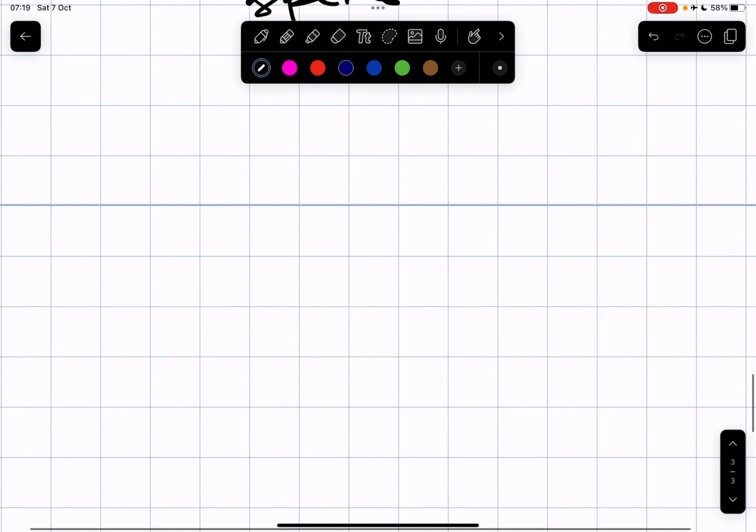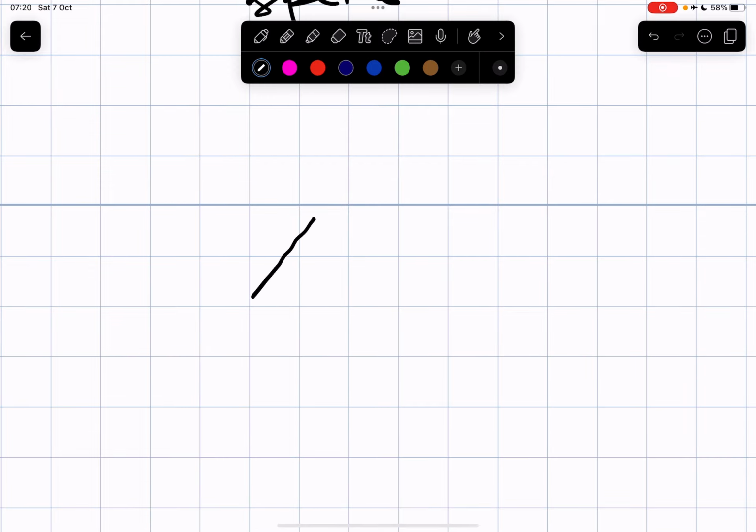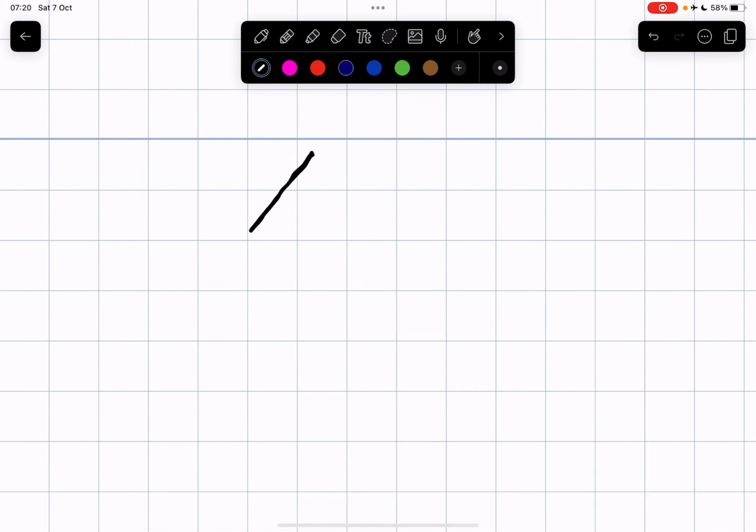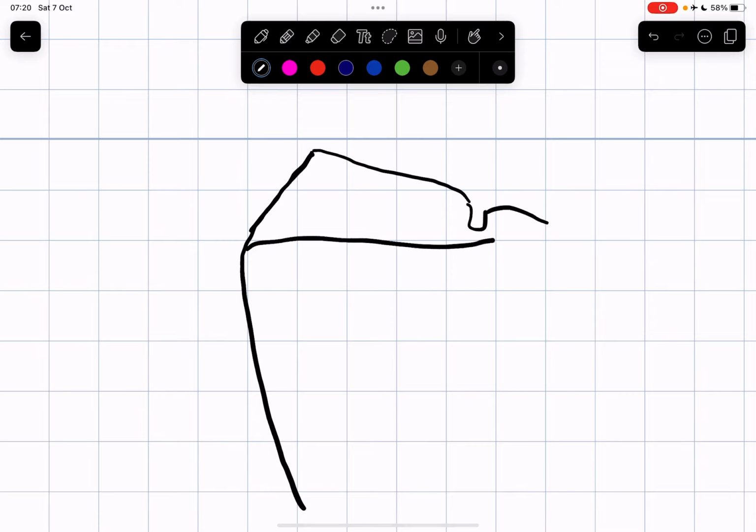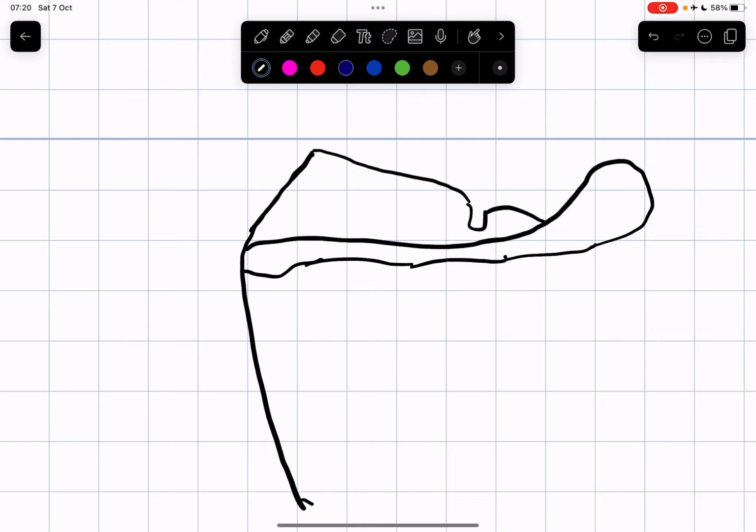So let me draw the scapula here. The scapula, this. Here is the suprascapular notch. Here is the spine with the acromion process of the scapula, and then we have the coracoid process.